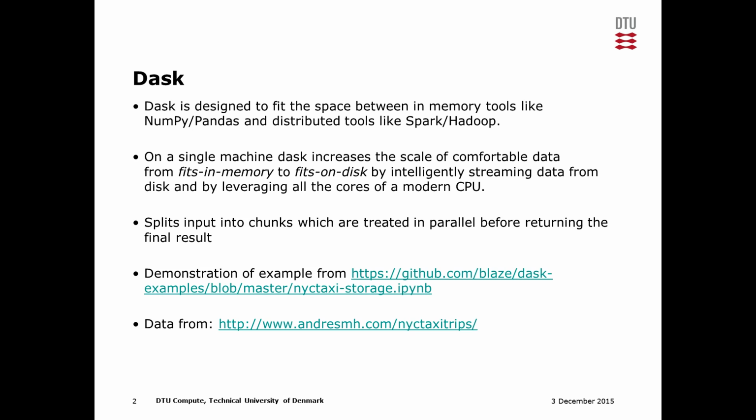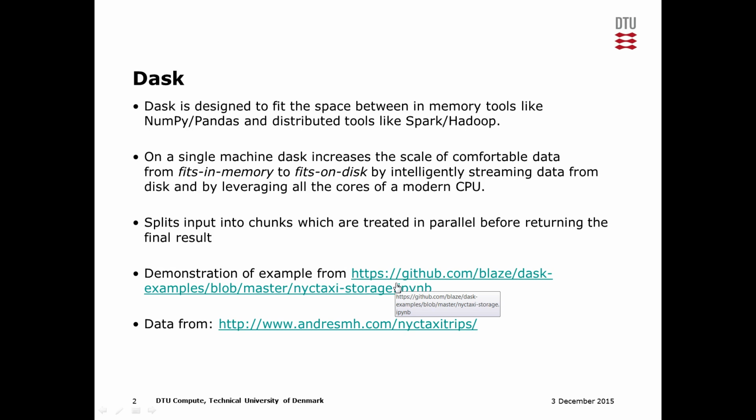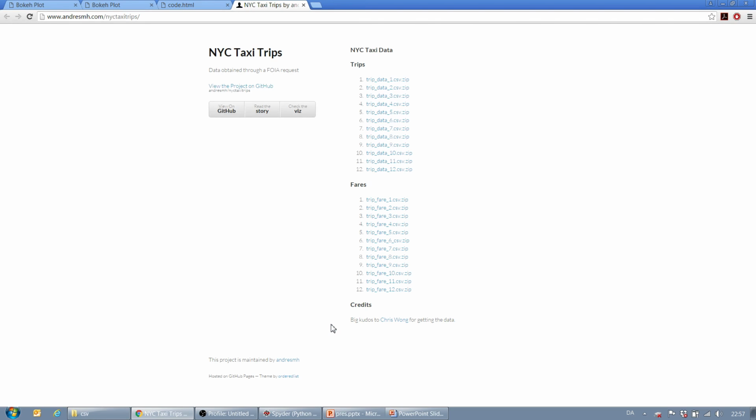And I'll be demonstrating Dask using this example from this website. And this is based on data from taxi cab journeys in New York City for 1 year. And the data can be found here. So there's 12 zip files, and I'll be using the files for trips.